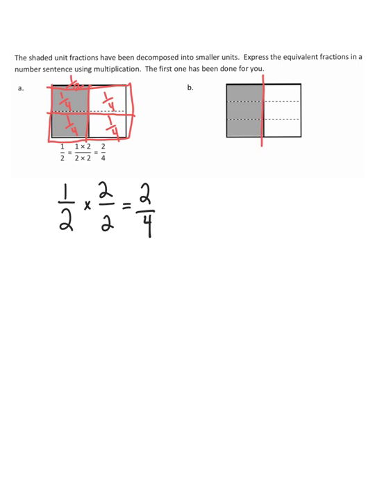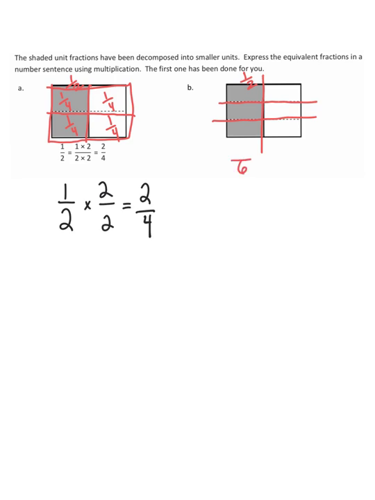Now the same thing can come over here on letter B. Notice that this has been cut into half, so this is a half. But then we cut it horizontally, we cut it again, making 3 rows. So now what do we have here? We have made 6 in the denominator.